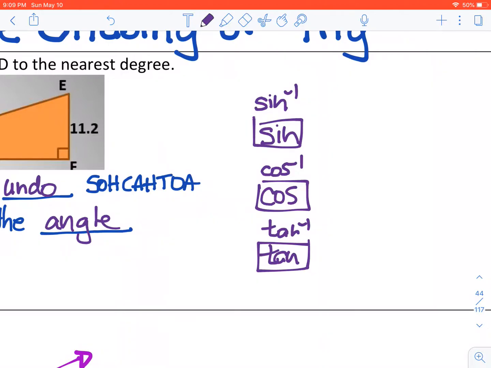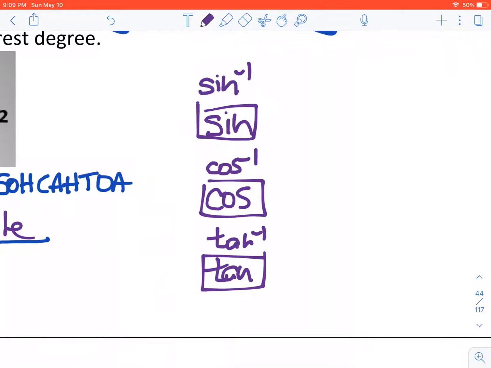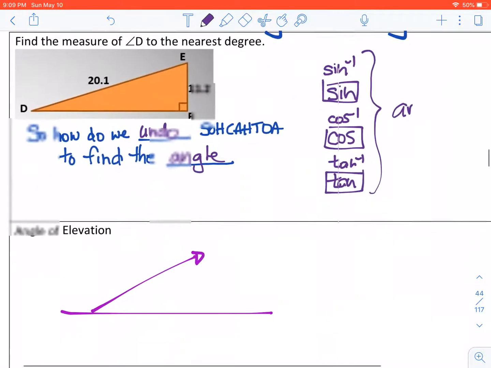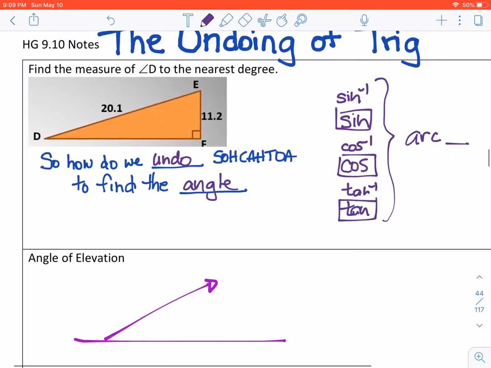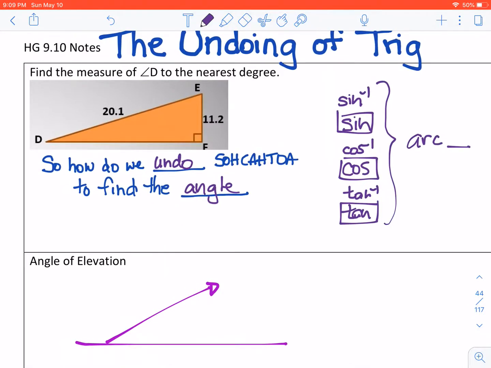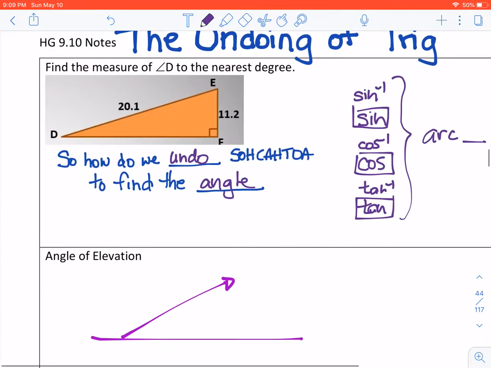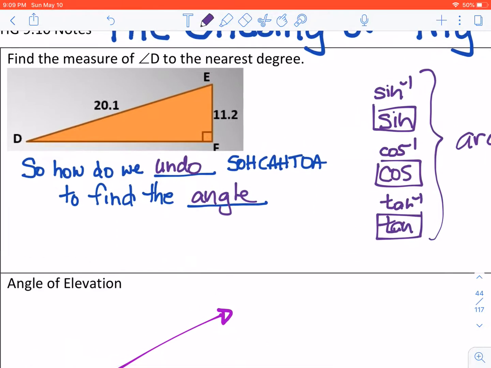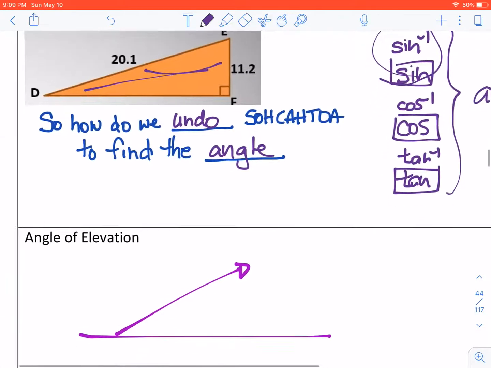Though there are some children that forever call it cosine -1. The plebes. If you want to be old school, you could call them arc sine, arc cosine. Enough of that. I'll do a similar problem to this one in just a bit. In this one here, by the way, since we're using opposite and hypotenuse, you would be using inverse sine.